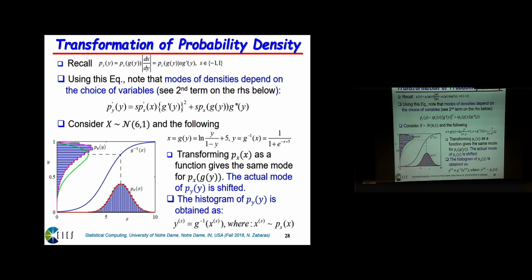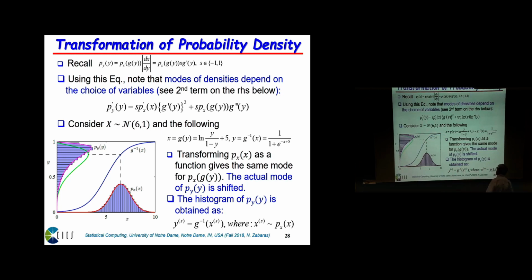Let's say that somehow you do a transformation, and you want to find the probability of y, where y is g minus 1 of x. So this is my g minus 1 function, and I want to map p of x to p of y through this function.